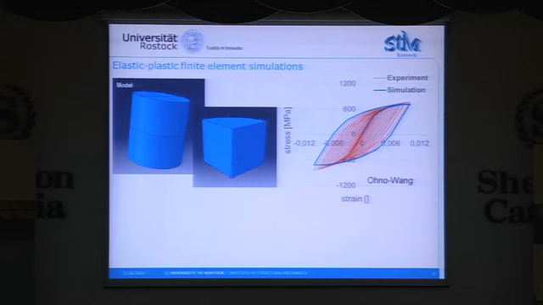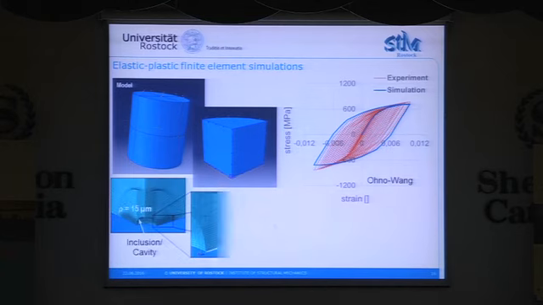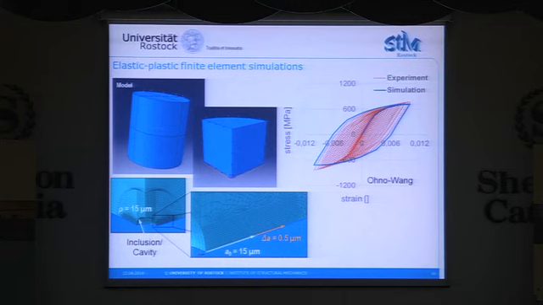We have performed the experiments and identified the parameters, and then we have done an elastic plastic fatigue crack growth simulation starting from an inclusion or a cavity. Surrounding this cavity or the inclusion, we have an annular crack with different crack lengths, for instance here 15 micrometers.